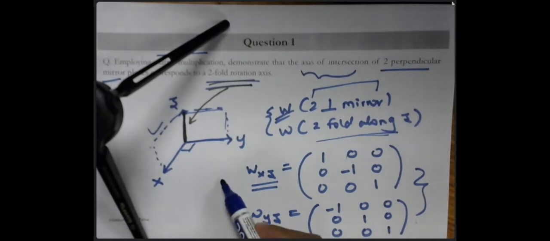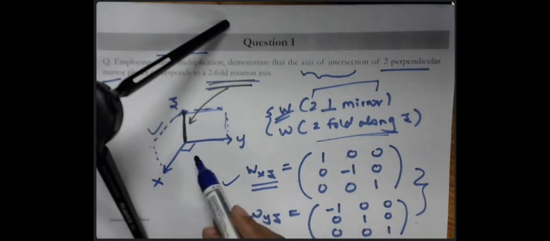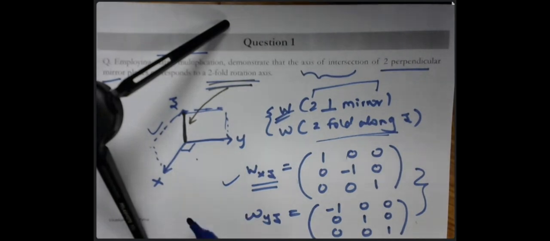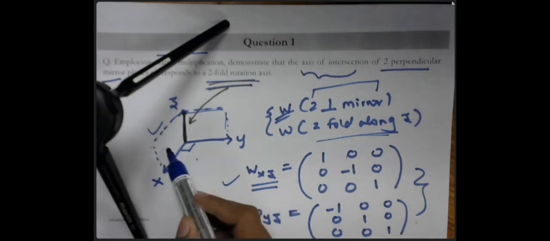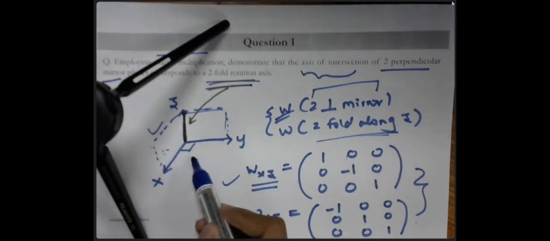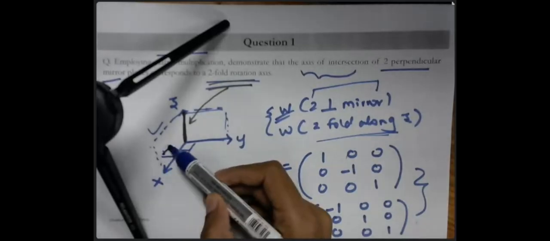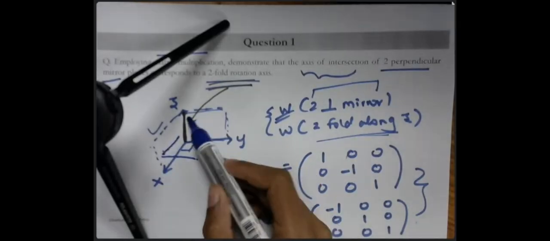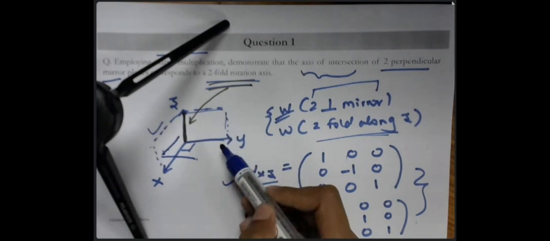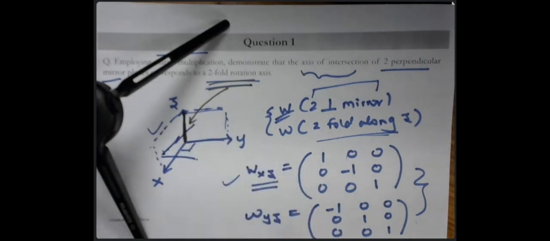But for a particular point, mirror 1 has done something to this particular point. Mirror YZ has done something to this particular point. So if we want to know the combined effect of it, we need to take a multiplication of these two.